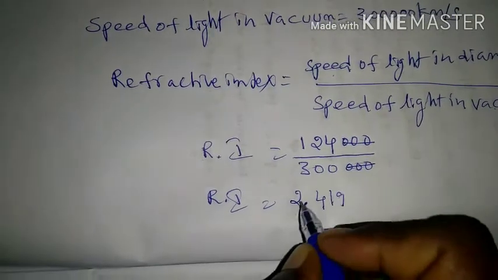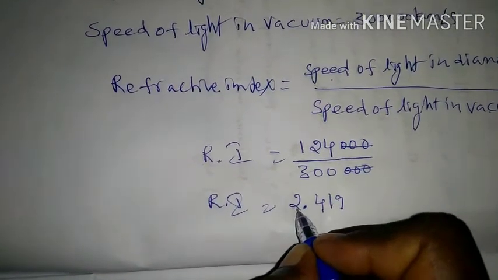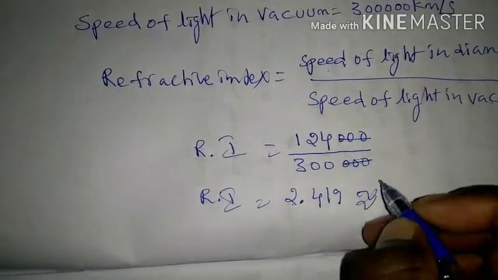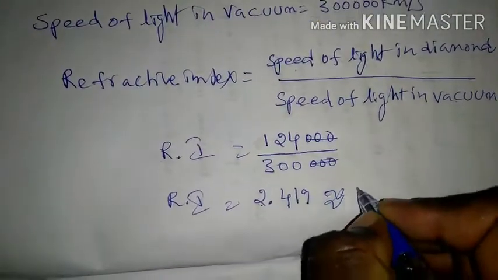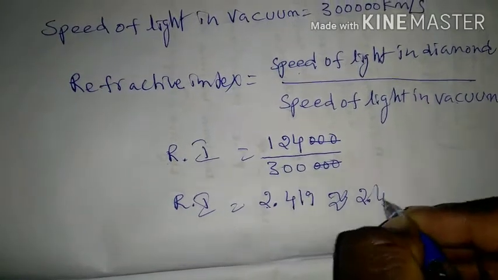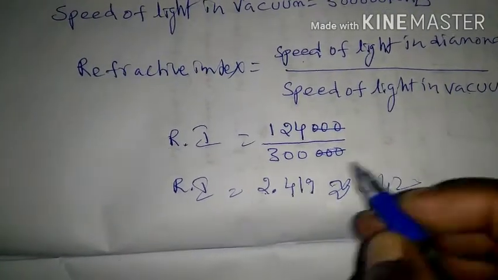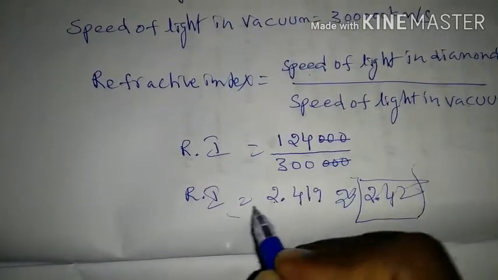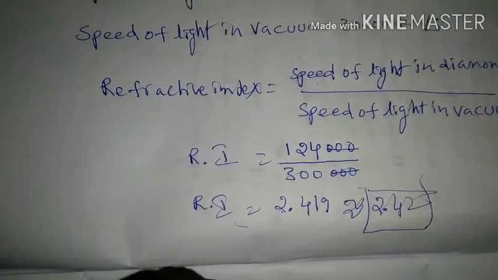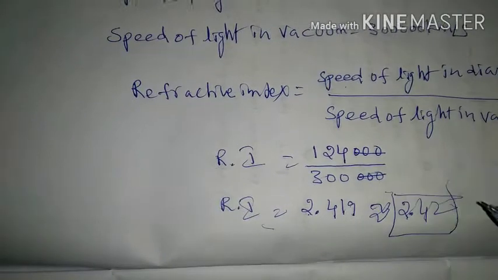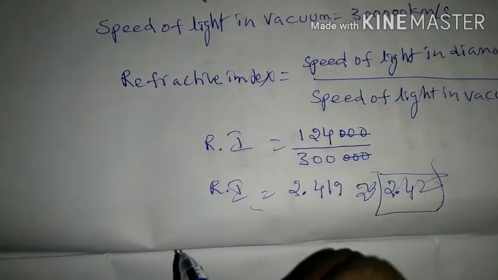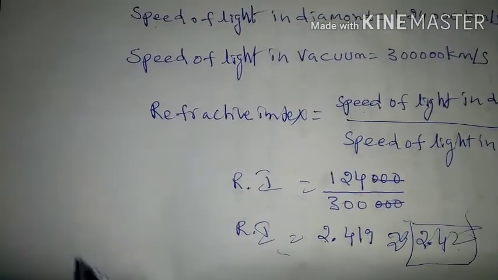Exactly 2.419, nearly 2.42. Exactly, the refractive index value is 2.42. To find the refractive index value, 2.42. This is the first problem.